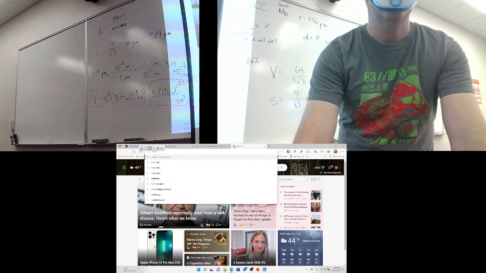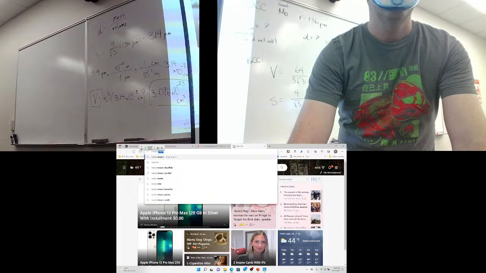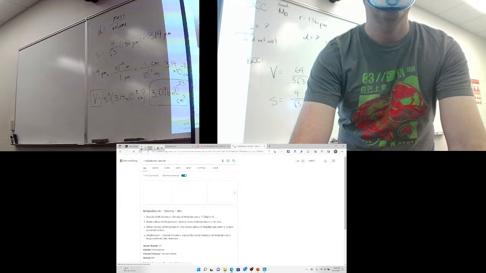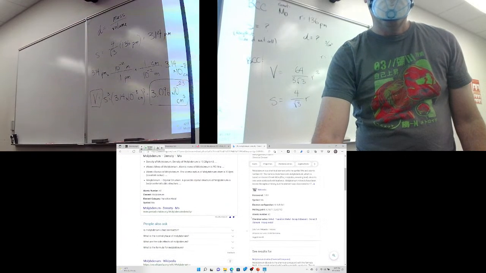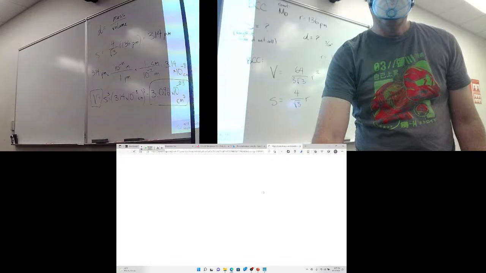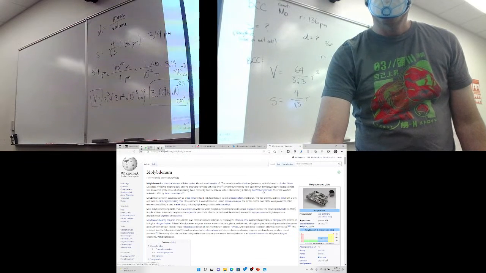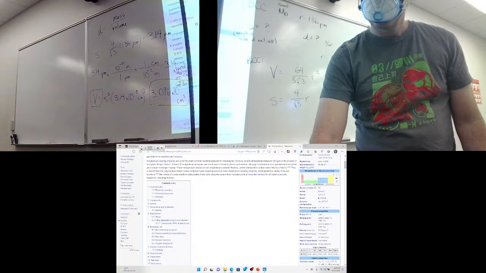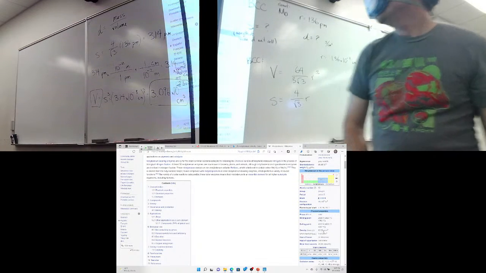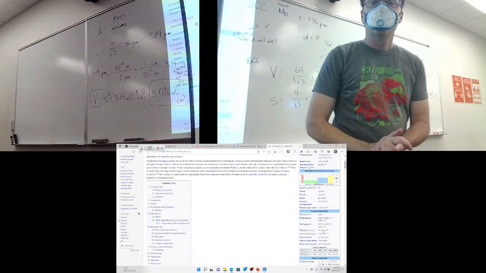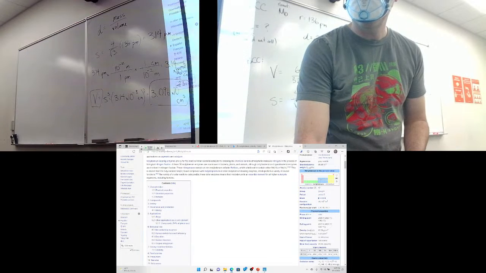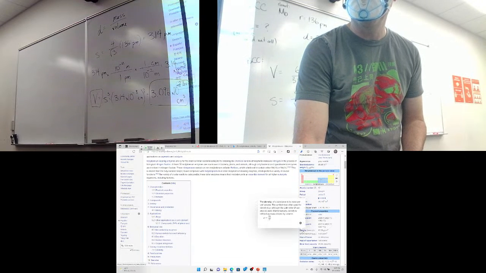Molybdenum density, let's see what Wikipedia says. Does it say 3.186? There it is. Oh, that 3.096 in the denominator, yeah. So yeah, 10.28. Pretty close. I don't know where that comes from. It's not cited, but I'm sure it's pretty good.